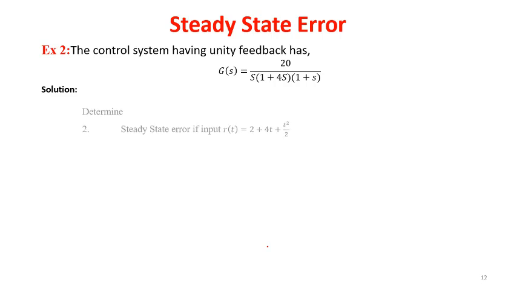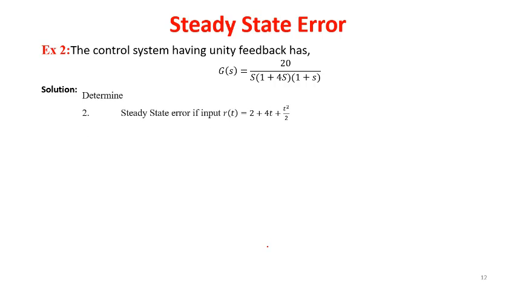Next, we need to determine the steady state error if the input, in the time domain, r of t equals 2 plus 4t plus t square divided by 2. So before putting this value, this has to be converted from the time domain to the s domain.